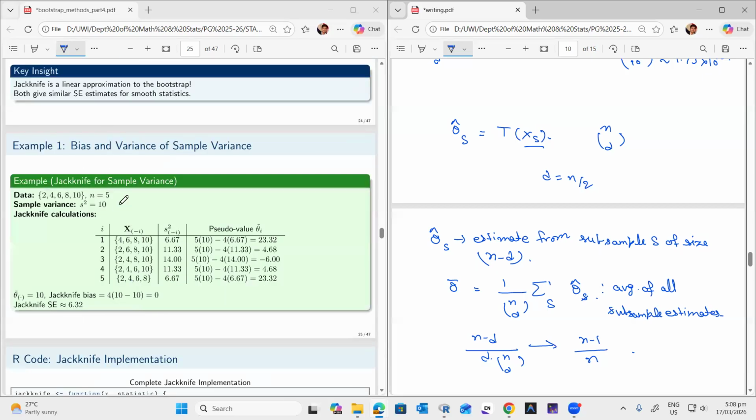So here we have jackknife for the sample variance.